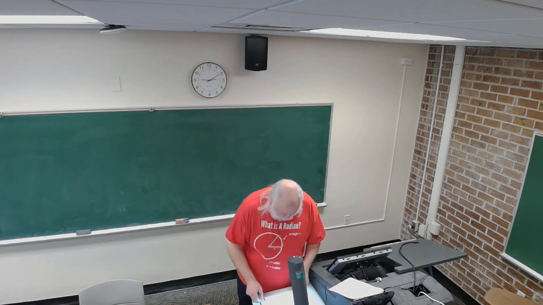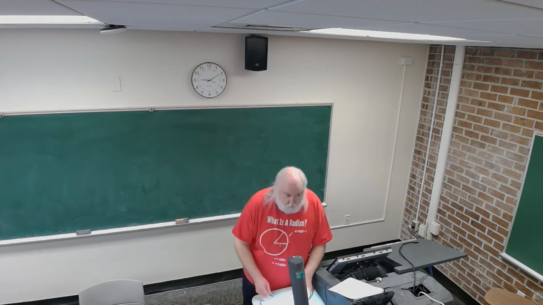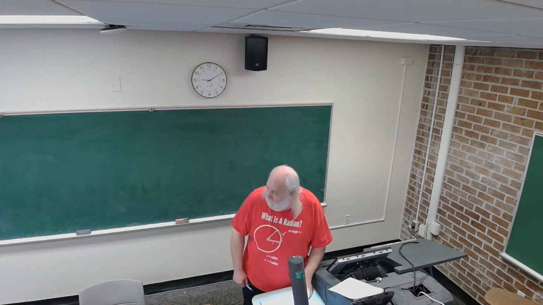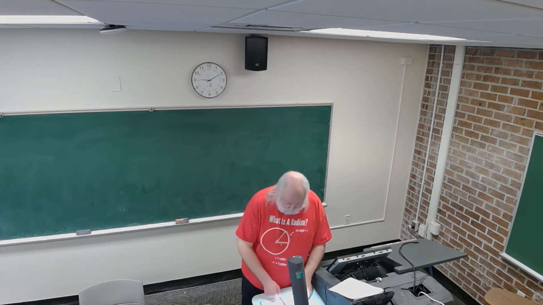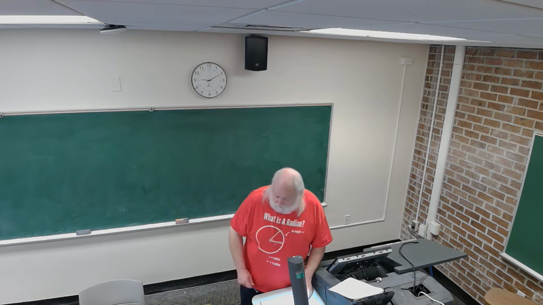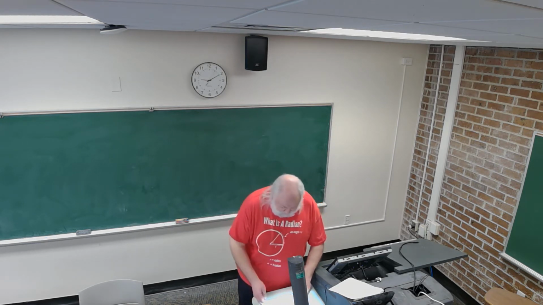But going back to page 3, we have the special case where the degree of the numerator exceeds the degree of the denominator by 1. When that happens, there is what's called a slant asymptote, and the equation of a slant asymptote is the equation of a straight line.